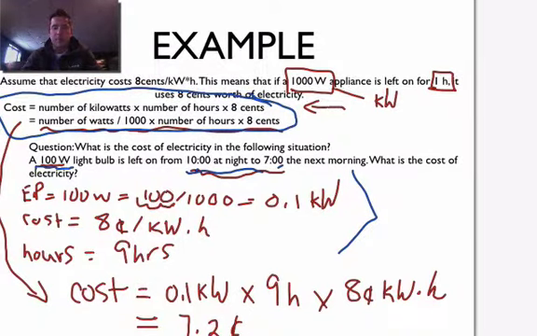And I determined that it costs 7.2 cents to leave a 100-watt light bulb on for 9 hours if the cost is 8 cents per kilowatt hour. So hopefully this helps you guys out. That is how to determine the cost of lighting.